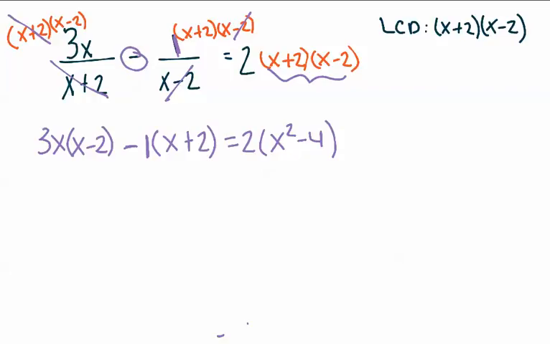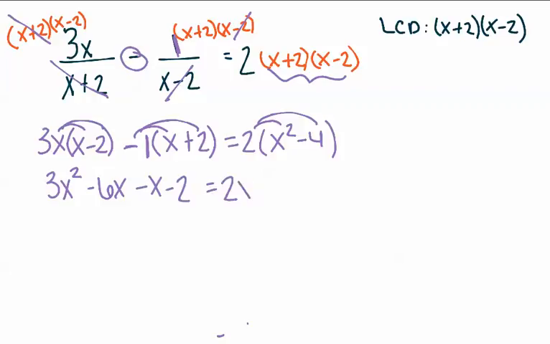Now we're going to go ahead and just distribute. That 3x will distribute, the negative will distribute, and the 2 will distribute. So 3x squared minus 6x minus x minus 2 equals 2x squared minus 8. So hopefully you've noticed by this point that we have a quadratic, which means we're probably going to have to factor.